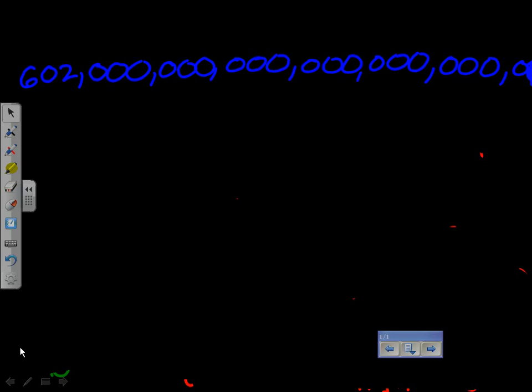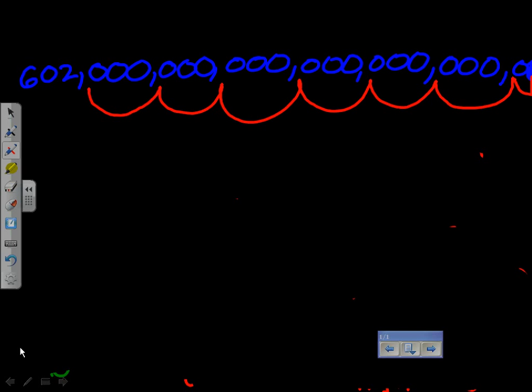Now, from the rules that I talked to you about with these larger numbers, you always start from the decimal point. And starting from the decimal point, you would count the number of humps. So this would be like 3 humps here, another 3 here, another 3 here, another 3 here, another 3 here, another 3 here, another 3 here, and 1, 2 there, leading up to that point.